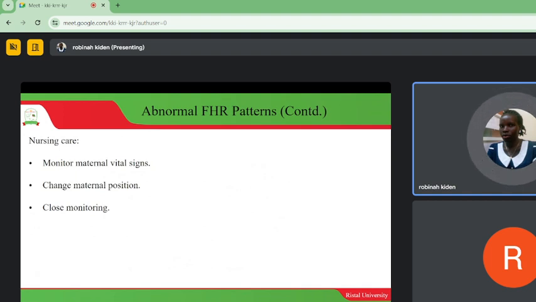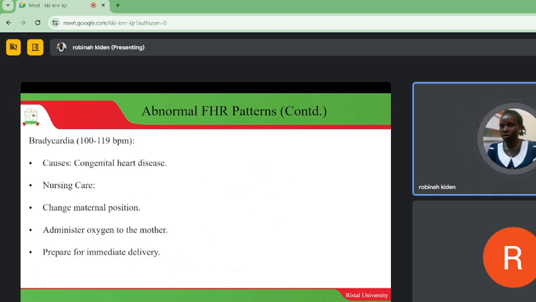We monitor the maternal vital signs to make sure that they are within normal: the temperature, the blood pressure, the respiratory rate, and the pulse. Then we also need to change the maternal position, and do close monitoring of the fetal heart rate.